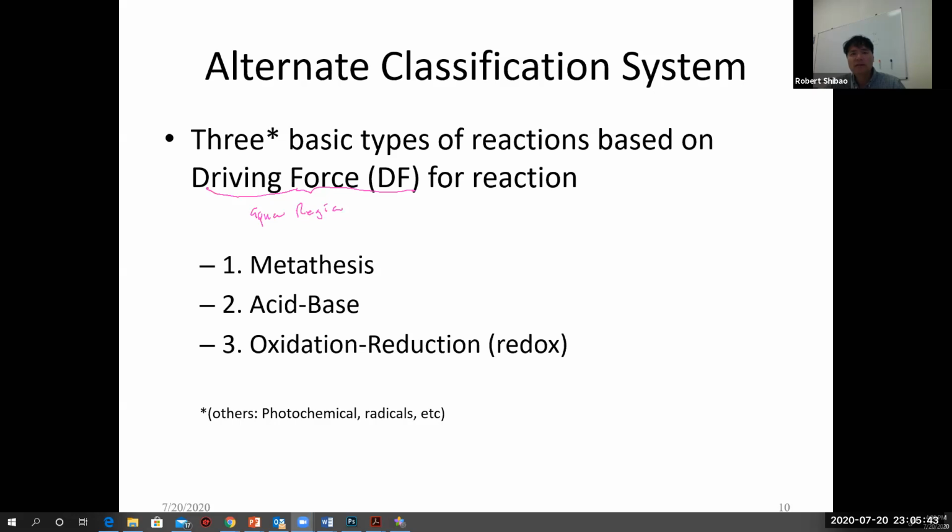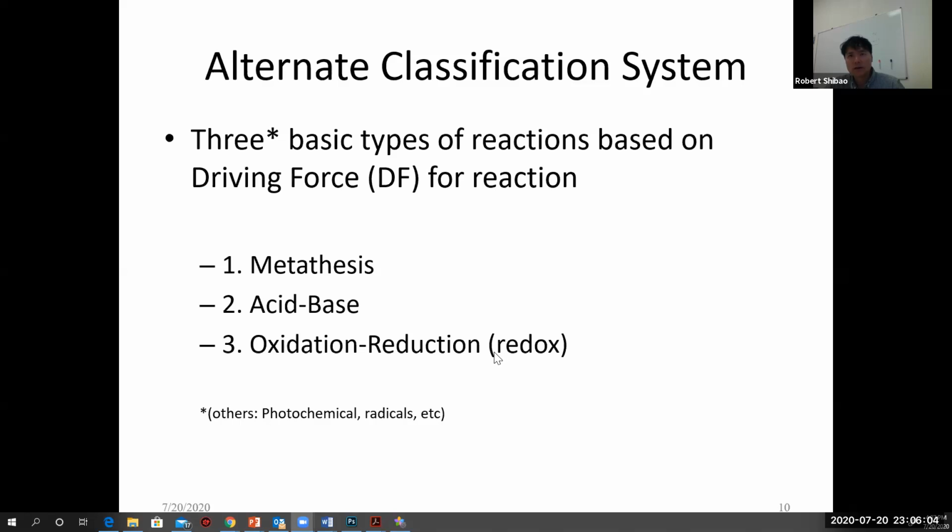So the scheme I'm using is an alternative classification scheme. I have three basic types of reactions. And these three basic types of reactions are based on the driving force, what drives the reaction. For example, in oxidation reduction or redox reactions, we want to go from stronger oxidizer, stronger reducer, to weaker oxidizer, weaker reducer.